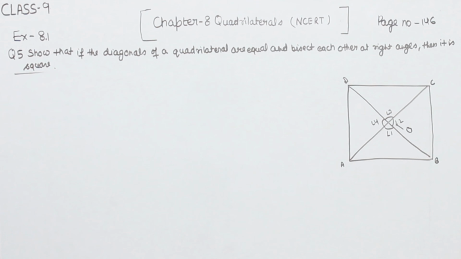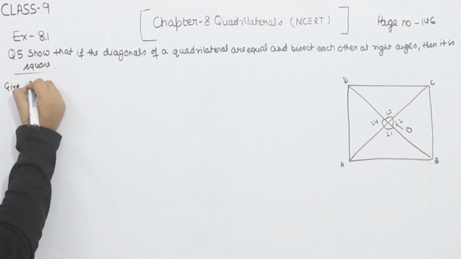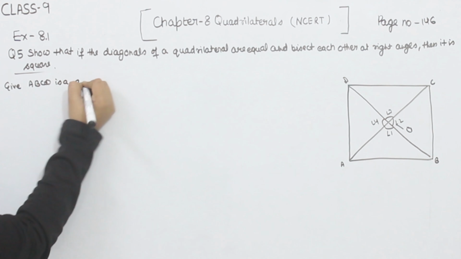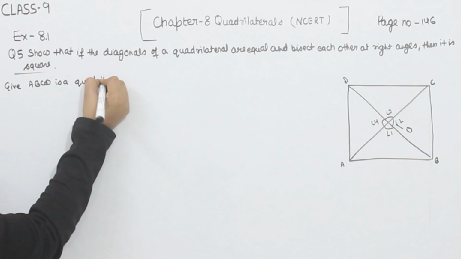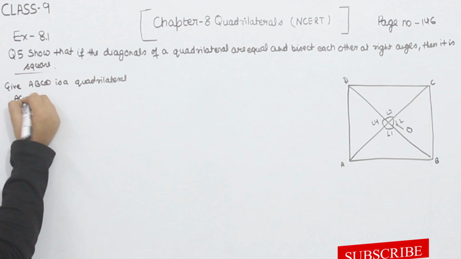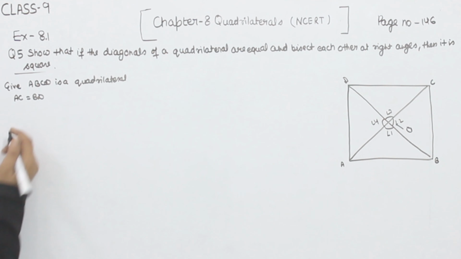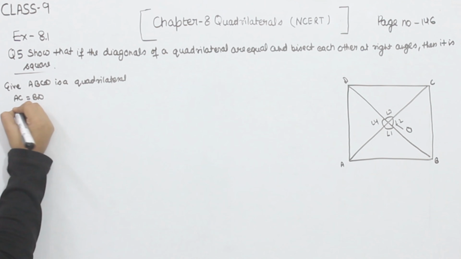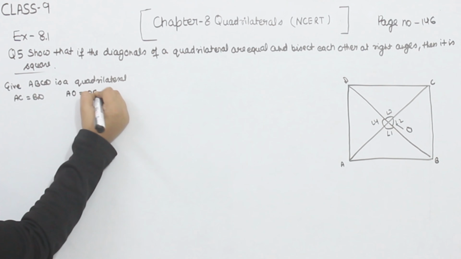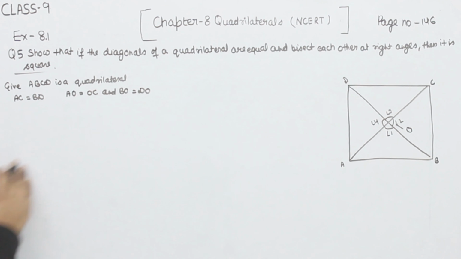So first I am going to write what we have given. We have given that ABCD is a quadrilateral and AC is equal to BD. This one is given, and we are having AO is equal to OC and BO is equal to DO.